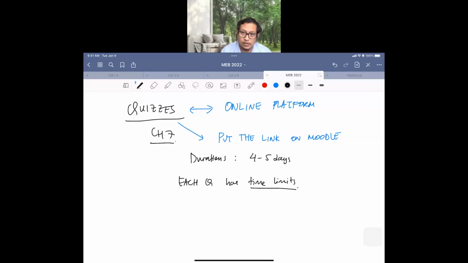The time limits range from 30 seconds to 15 minutes, depending on the question.